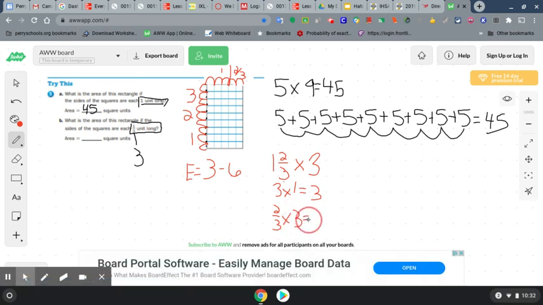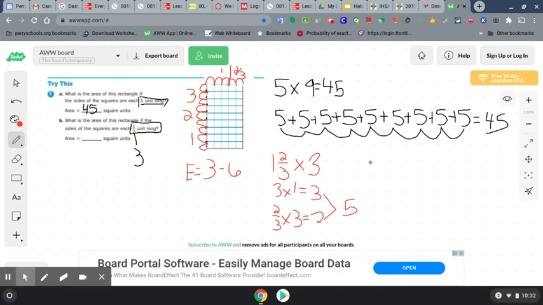My total answer is going to be 5. Now, again, maybe this method doesn't work for you very well. Maybe it's kind of hard to understand that method. Okay. So we're going to do the repeated addition.